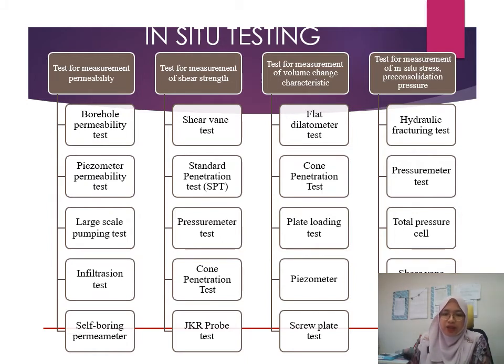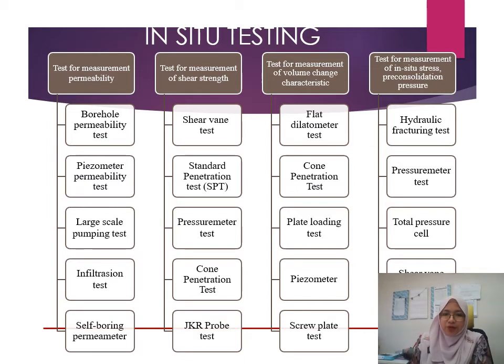This is field testing, so we can directly determine the strength of the soil. We can use the standard penetration test to determine the N value, and from that N value, we can correlate to the strength of the soil. Also the pressuremeter test, cone penetration test, and the JKR or Mackintosh probe test.